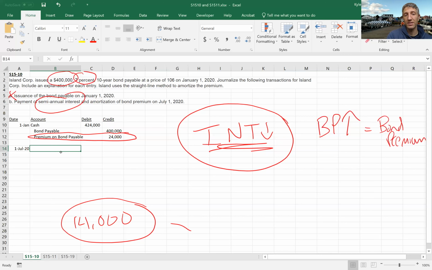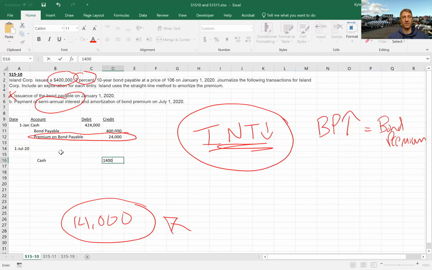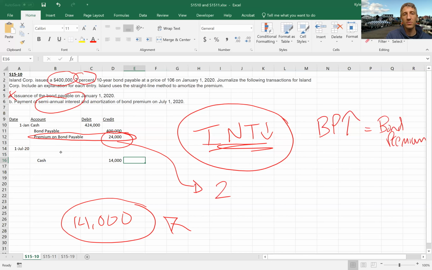Our cash, yes, is going to go down by 14,000, so I can start my journal entry with that if I want to. Cash is going to decrease by 14,000. But what we actually do is we take the premium on bond payable, 24,000, and we amortize that over the term of the bond.